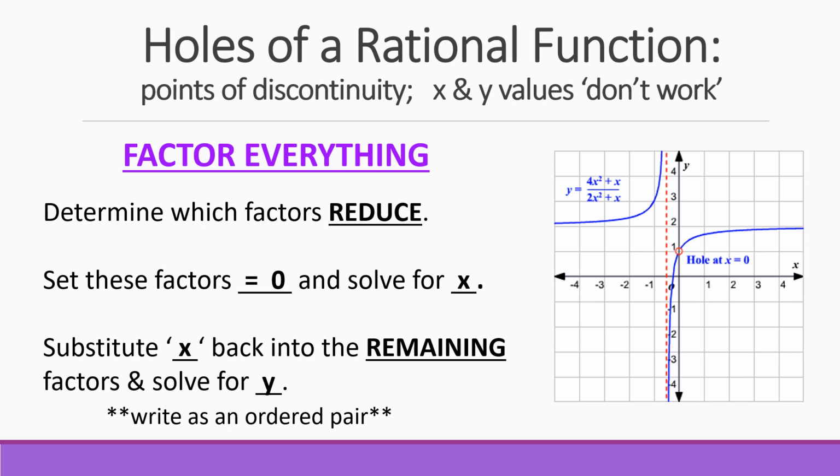You're going to look to see if any factors reduce. You'll set each of those factors equal to 0 to solve for x. That will give you the x-coordinate of your hole. Then you'll take this x value, substitute it back into any leftover factors from the original function, and solve for the y, and then you'll have your ordered pair x comma y for your hole.